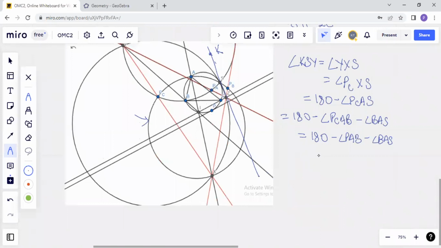And so what do we want to prove? We want to prove that the line KS is also tangent to the circumcircle of APC. Just because we started with KSY, and Y has nice properties with B, we'll try proving that angle KSB is equal to angle BCS.